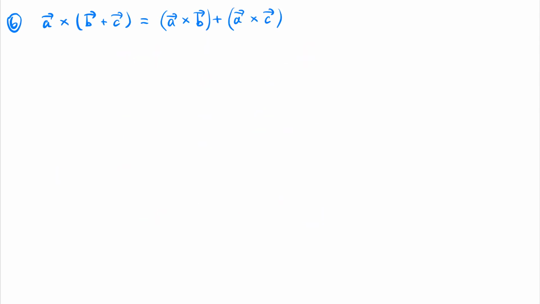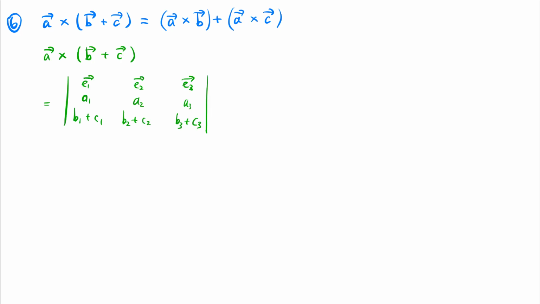The sixth property: A cross (B plus C) equals (A cross B) plus (A cross C). By definition, A cross (B plus C) equals the determinant of E1, E2, E3; A1, A2, A3; B1 plus C1, B2 plus C2, B3 plus C3.